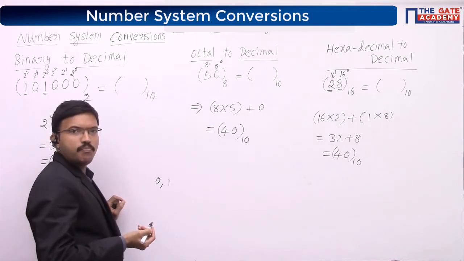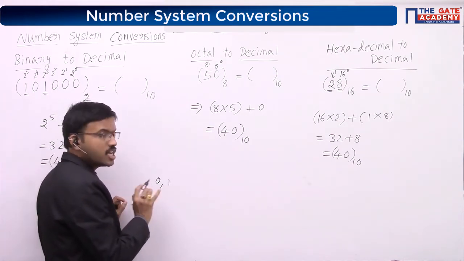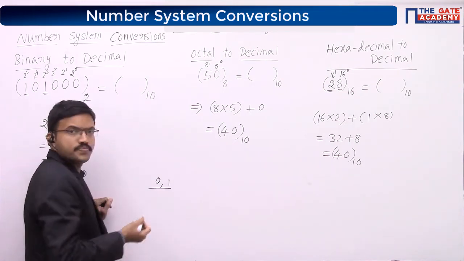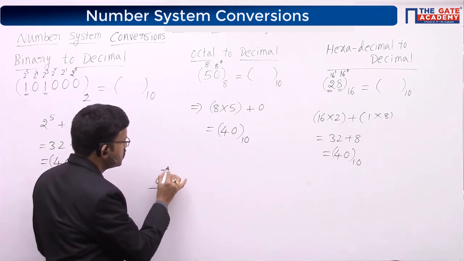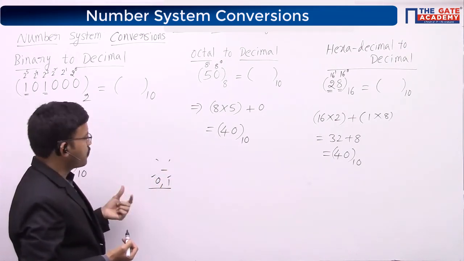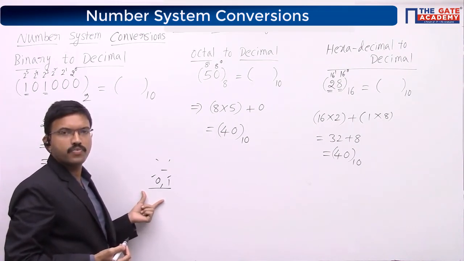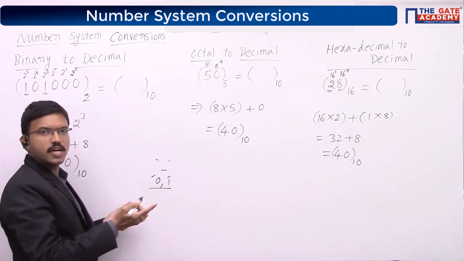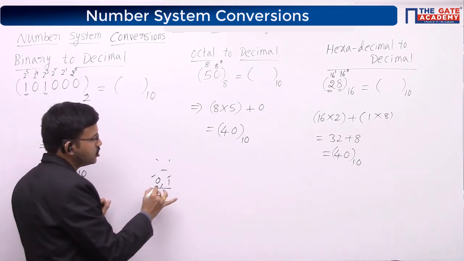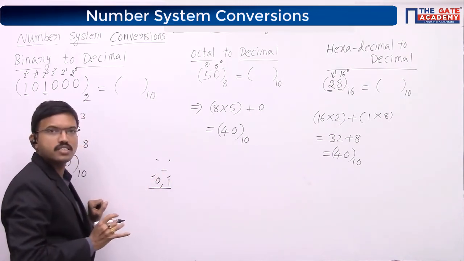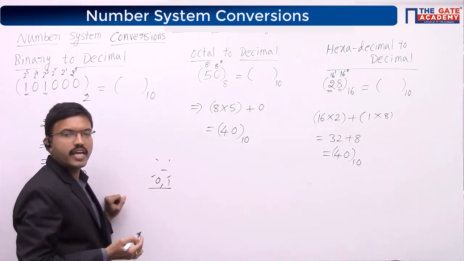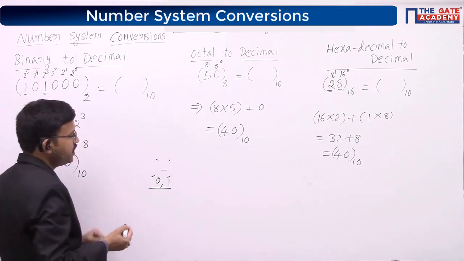If the resultant sum is less than 2, that means either 0 or 1, then I can represent it with a single digit. But if the sum exceeds 1, then I require one more digit, right?